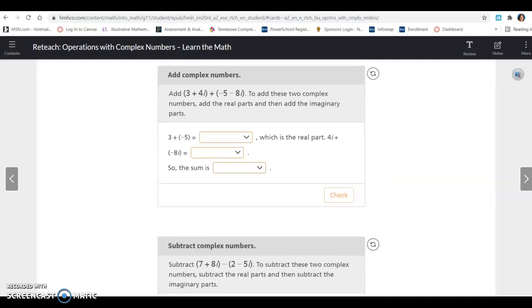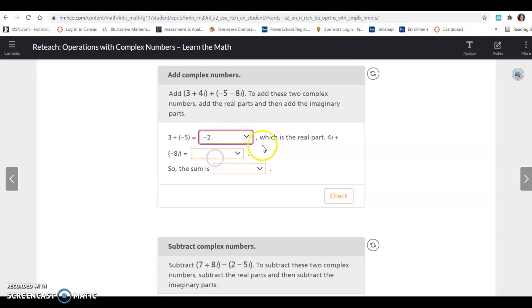Alright, you can add complex numbers. To add two complex numbers, you add the real parts, and then you add the imaginary parts. So if you have 3 plus 4i plus negative 5 minus 8i, the 3 and the negative 5 are your two real parts, so you would add those together. 3 plus negative 5 is negative 2, which is the real part.